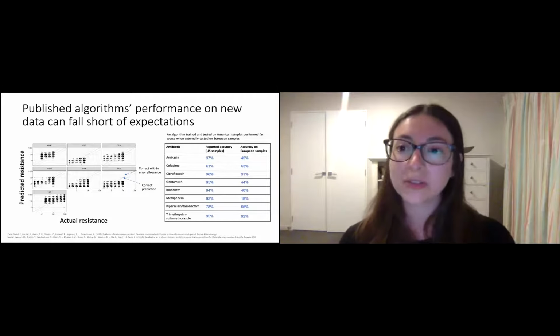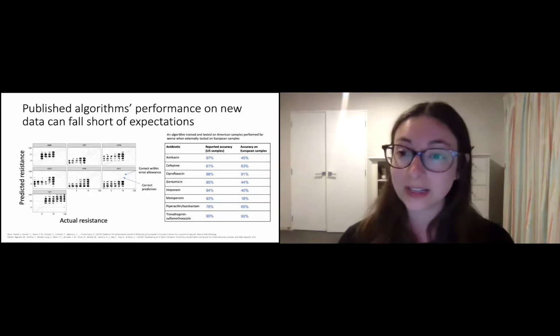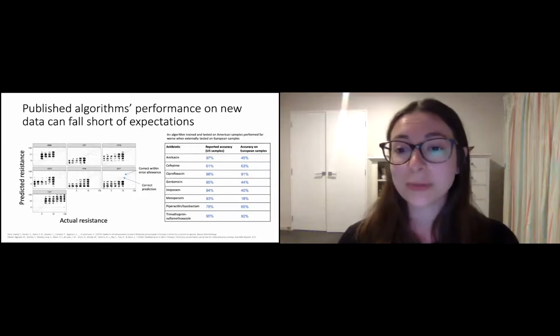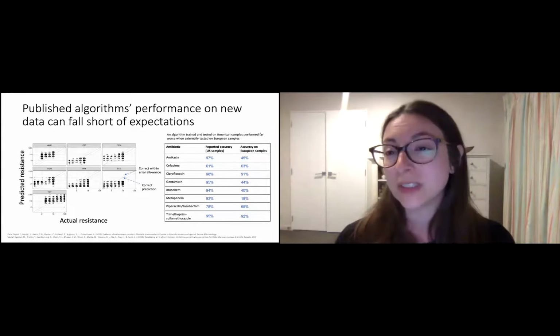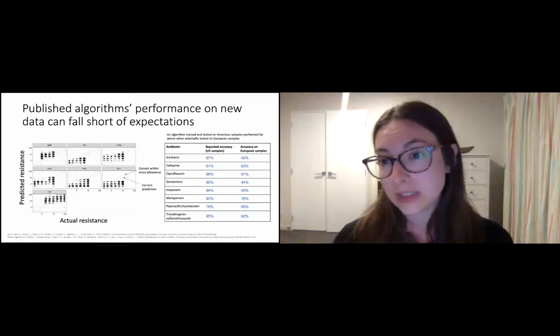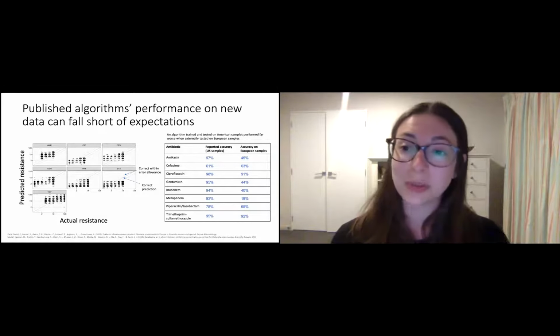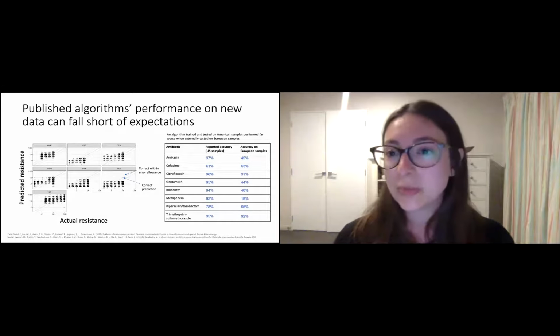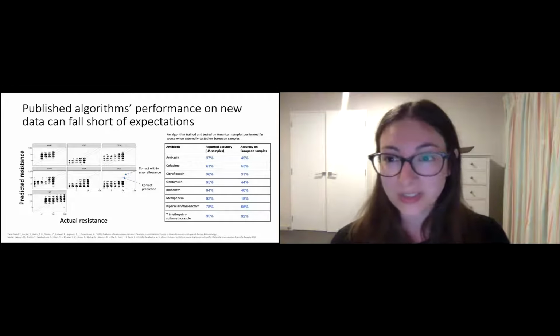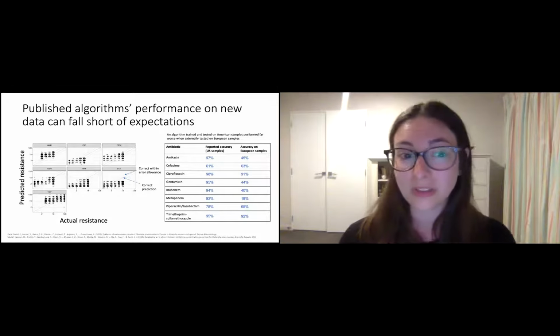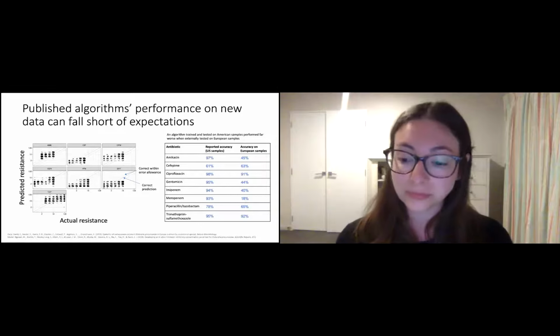It was trained on US data and tested on held out data from the same hospitals. And it looked really good. It was performing generally at above 90% accuracy. But after the paper was published and we tested it on a collection of samples from European hospitals, we found that the performance of the algorithm dropped quite dramatically to the point where it wouldn't have been a helpful diagnostic tool.